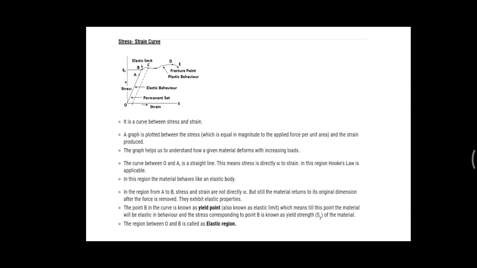So from the stress strain curve of a particular object, we can find out its elastic behavior.